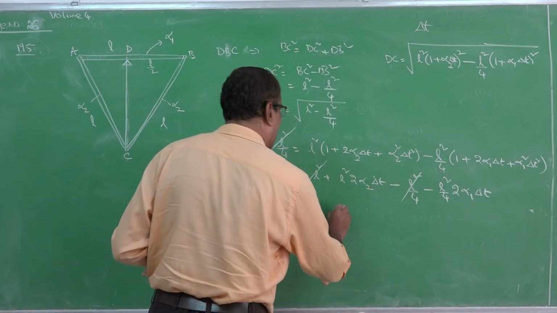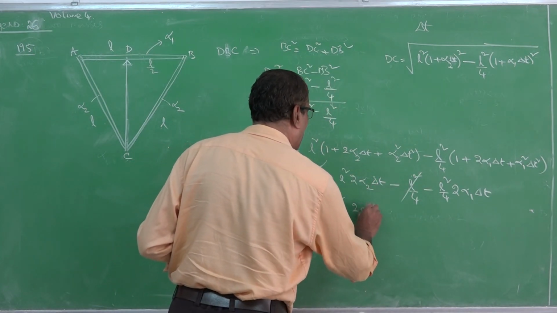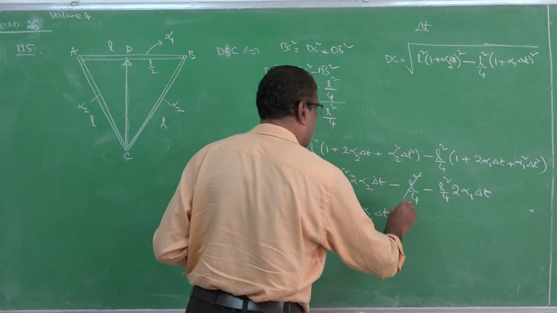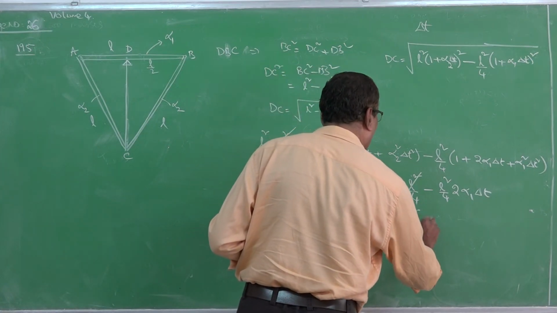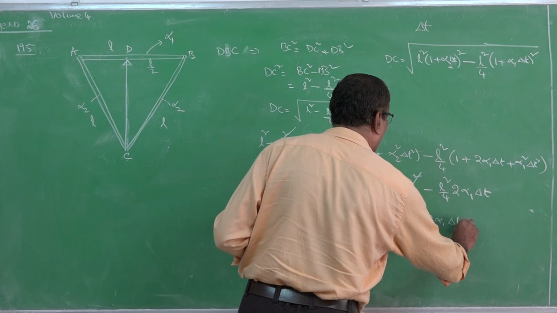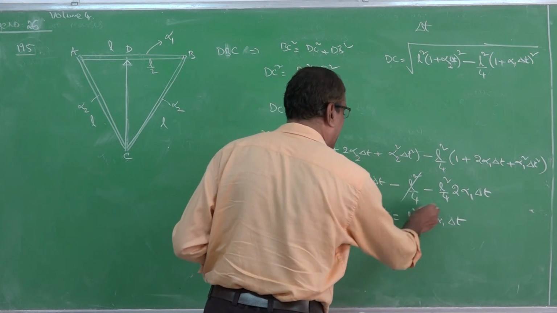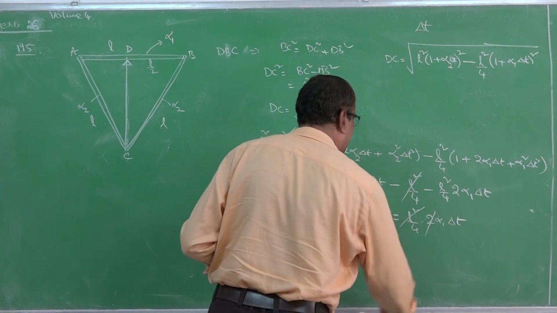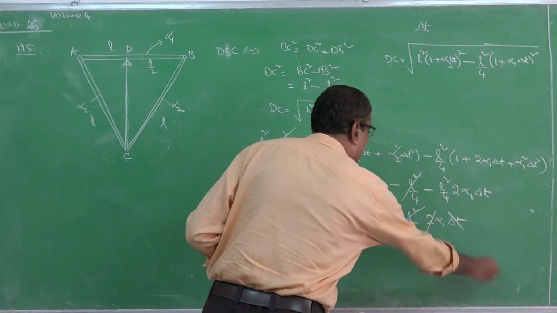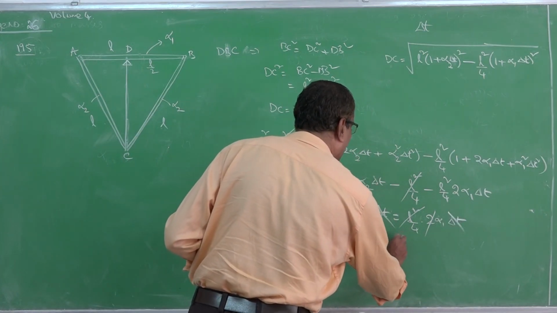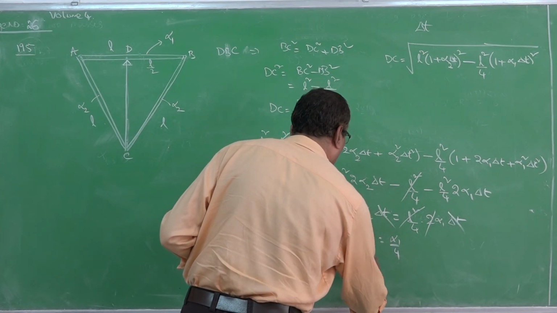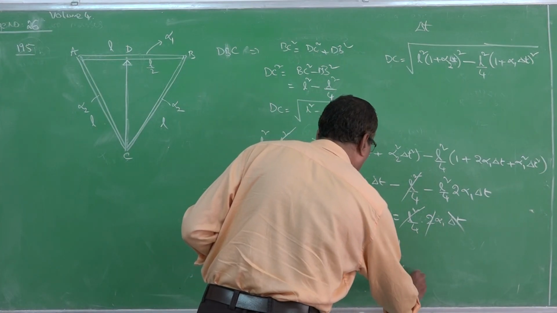This implies L square into 2 alpha 2 delta T is equal to L square by 4 into 2 alpha 1 delta T. So L square gets cancelled, 2 gets cancelled, and delta T also gets cancelled. Alpha 2 is equal to alpha 1 by 4, so alpha 1 is 4 alpha 2.